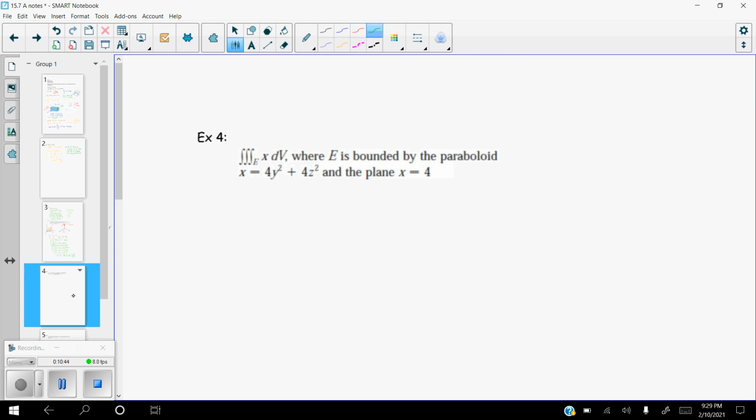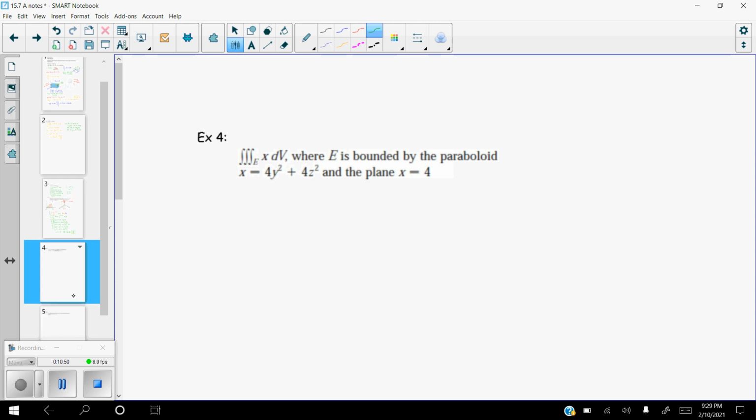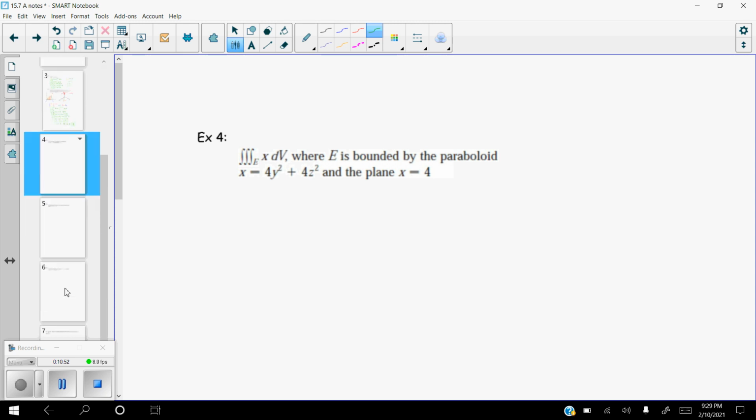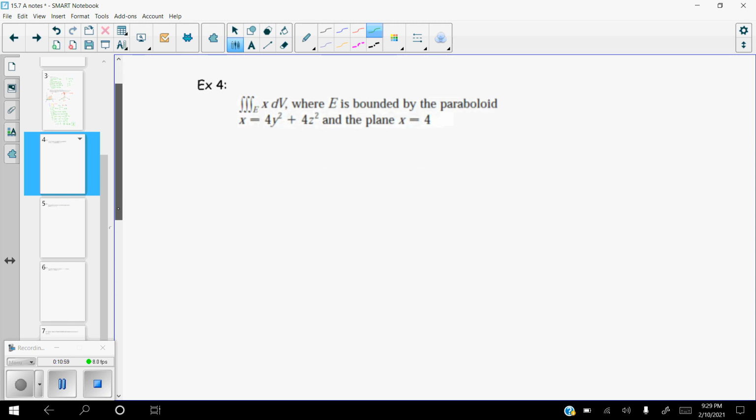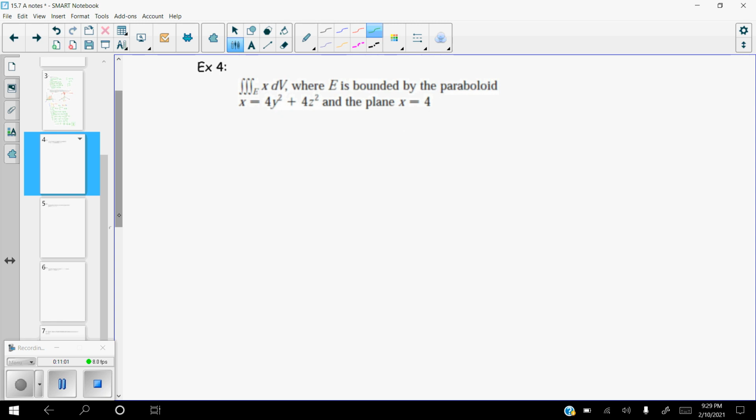One of the hardest parts about doing this sometimes is figuring out the bounds and which order you have to put everything in. Sometimes it's going to be, do I use a specific method or not? So in number 4 here, we want to find the triple integral over E of x dV.